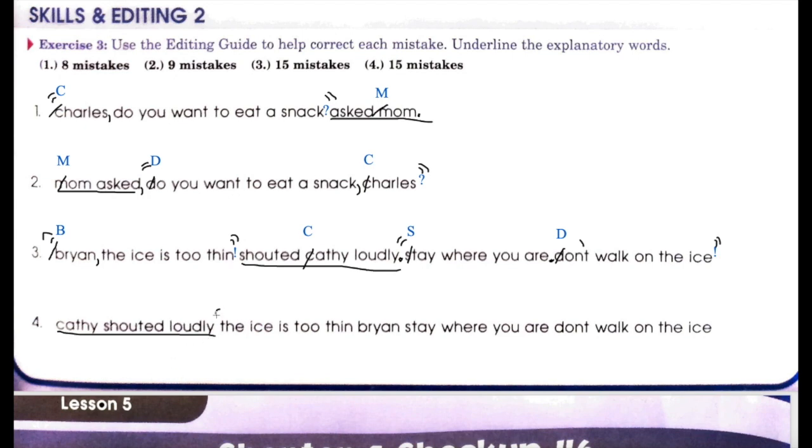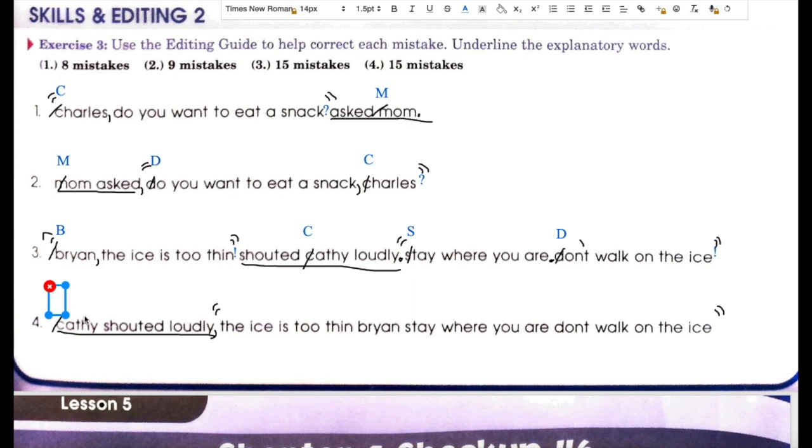Let's put quotation marks around our whole quote. Since we have explanatory words at the beginning, let's put our comma after our explanatory words before the quotation marks. And let's correct everything else. Kathy, capitalize, proper noun. Shouted loudly.